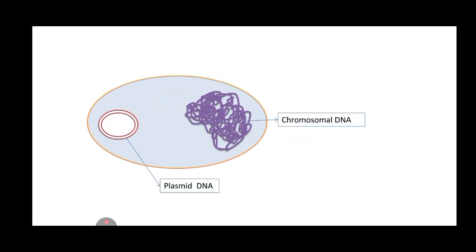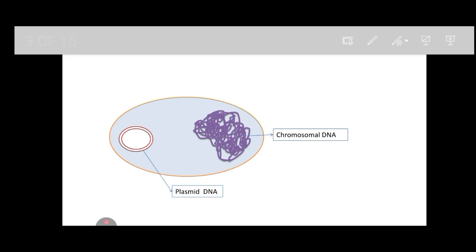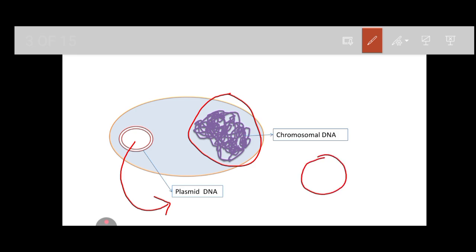In some bacteria, in addition to the chromosomal DNA that we saw in the previous slide, there is another DNA called plasmid DNA, which is mentioned here. This is the plasmid DNA of bacteria. It is very small in nature, and it is an extra chromosomal double stranded DNA.